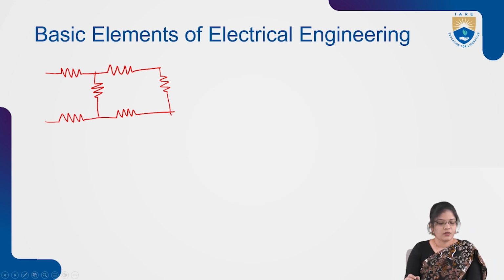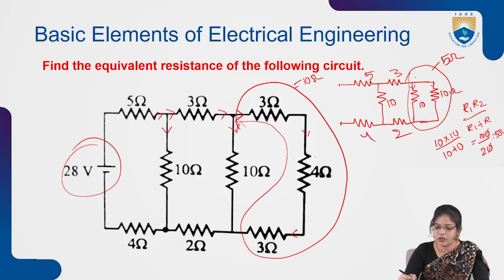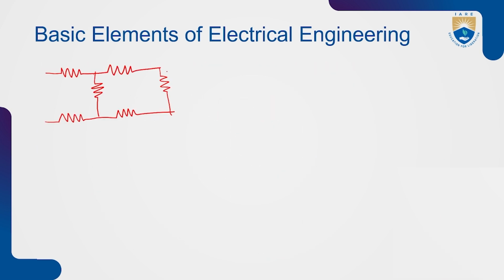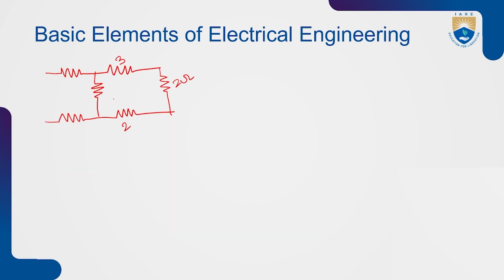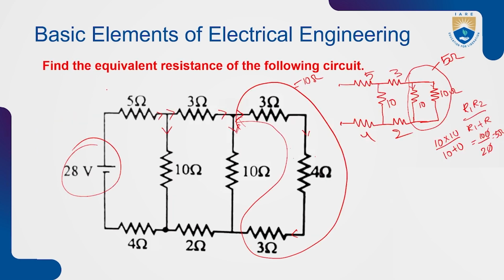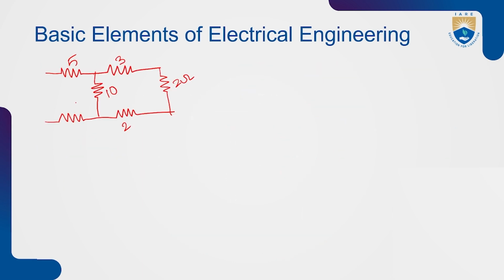After reducing this network, we are getting 5 ohms, which is a single resistance that will be connected in series with this 3 and 2 ohms resistances. In the same way, I have connected these resistances. The value whichever we got is 2 ohms, and here it is 3, 2, 10, 5 and 4. So here is the supply.